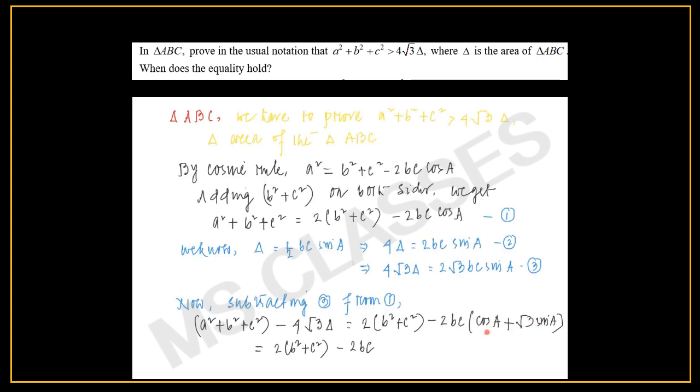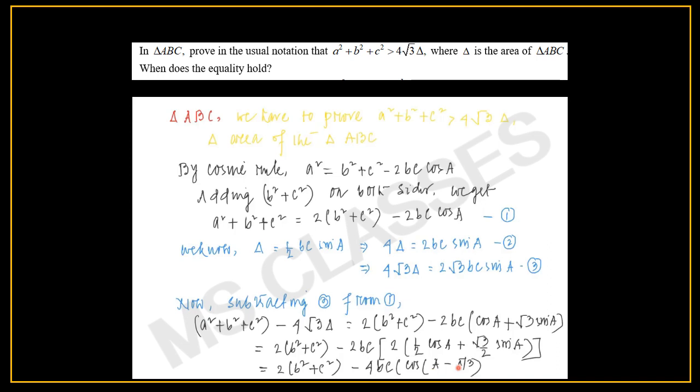So in order to do that, we take here a 2 and divide by 2. So it is half of cos plus root 3 by 2 sine. Just bring the whole expression as a cos or sine of one angle. So we can write here 2 times b square plus c square minus 4bc into cos of A minus pi by 3.